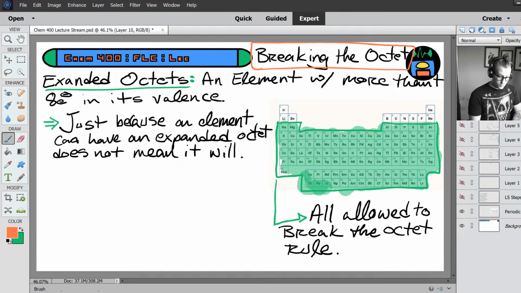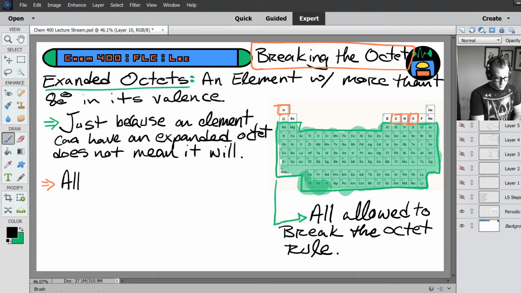The second reason why the octet rule is important is look at the elements that never violate the octet rule. Hydrogen, carbon, nitrogen, oxygen.